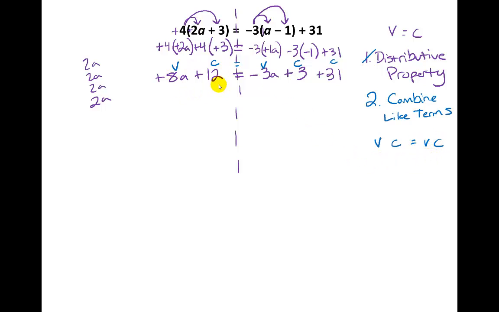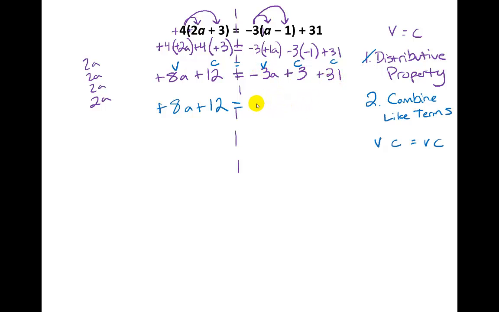So looking at the left side, I have one variable term and one constant term. I can't put them together. They are different types of terms, so I'm just going to bring them down. I'm going to rewrite. So on the left side, I have 8a plus 12. I'm bringing down my equal sign. I have a variable term and two constant terms.